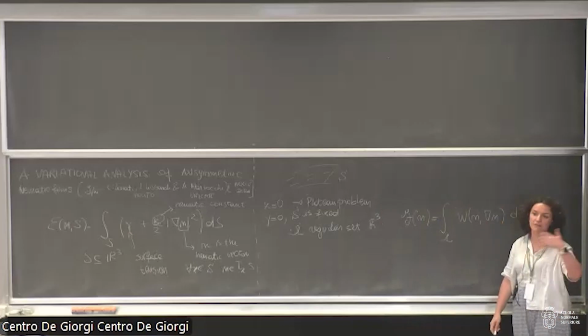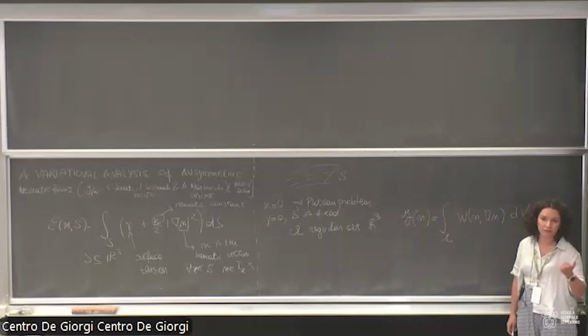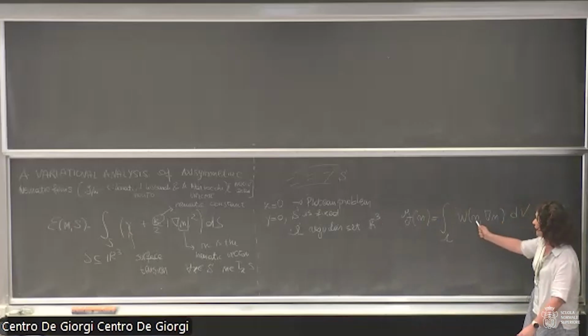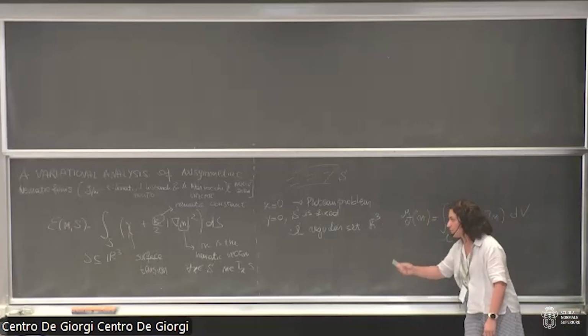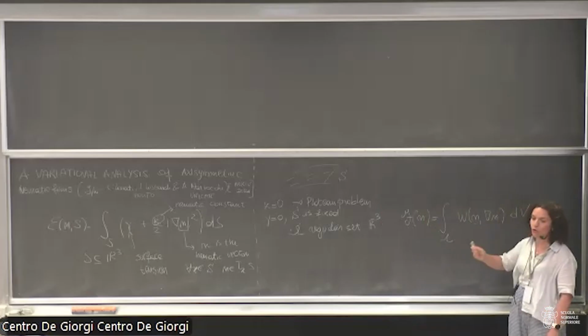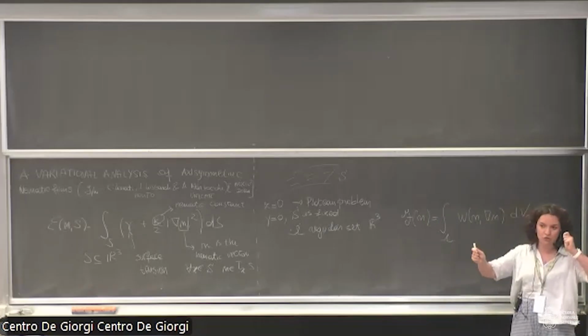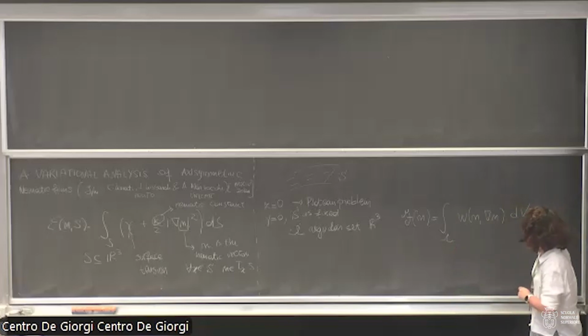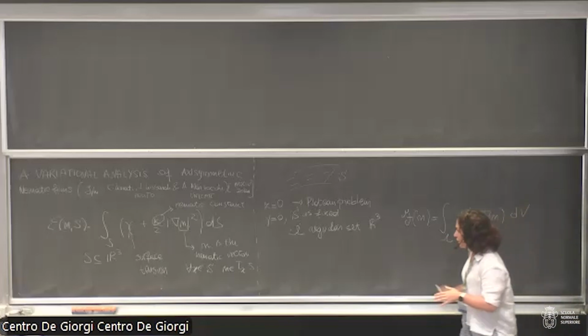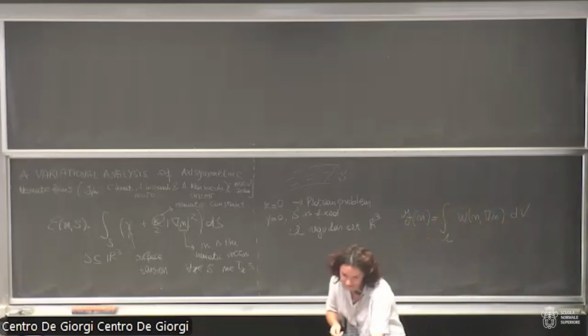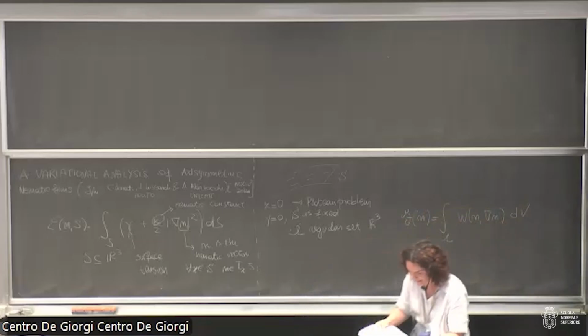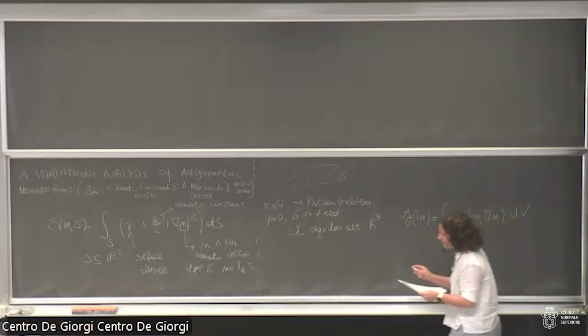I just want to mention hypotheses like frame invariance for n. You can require that there is no polarization for the nematic vector, so you cannot distinguish what is the head and what is the tail of this vector. Okay, so which is the most classical energy that one can study for nematic liquid crystals?